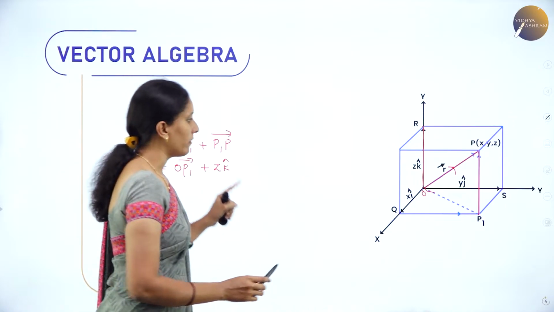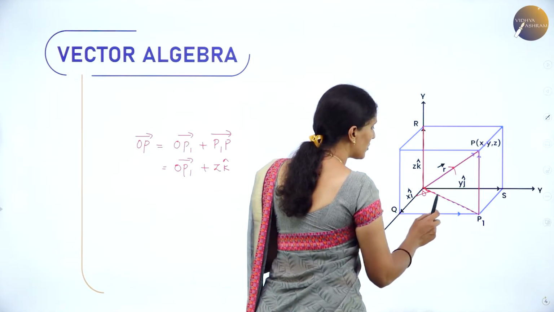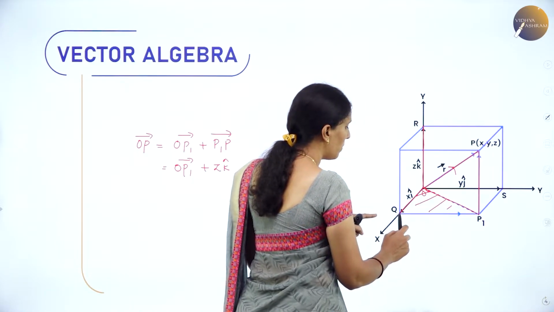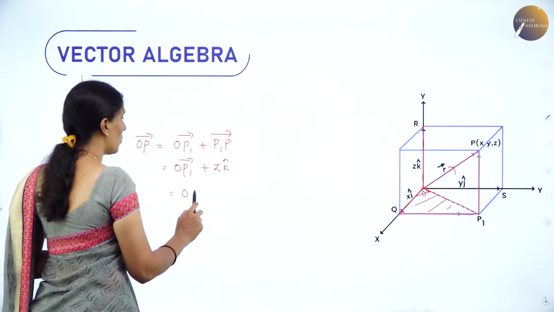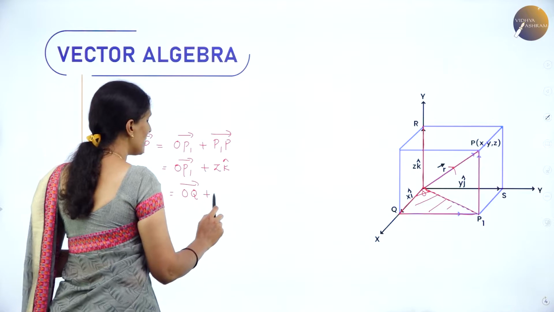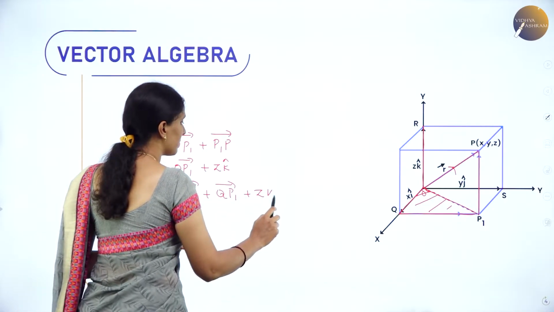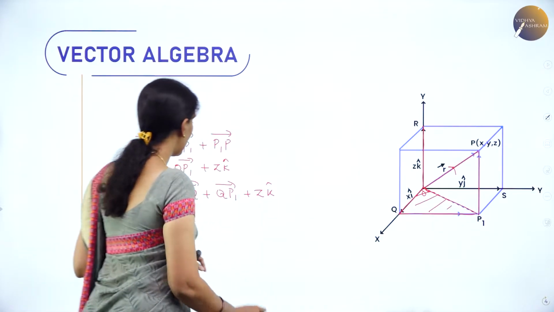Let's see for OP1. What is OP1? So this is our OP1. Again using the triangular law of addition, I can write OP1 as OQ plus QP1. So I can write this as vector OQ plus vector QP1 plus zk. What is OQ? OQ is nothing but xi.